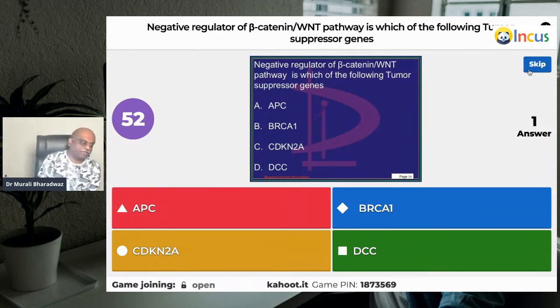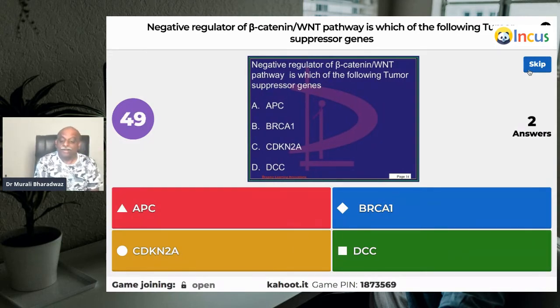One of these tumor suppressor gene products is a negative regulator of the beta-catenin WNT pathway. It is a very important question. Sushant is betting on CDKN2A. So Sushant should participate in the quiz, punch his answer, and check whether he becomes Kaun Banega PG Pati.